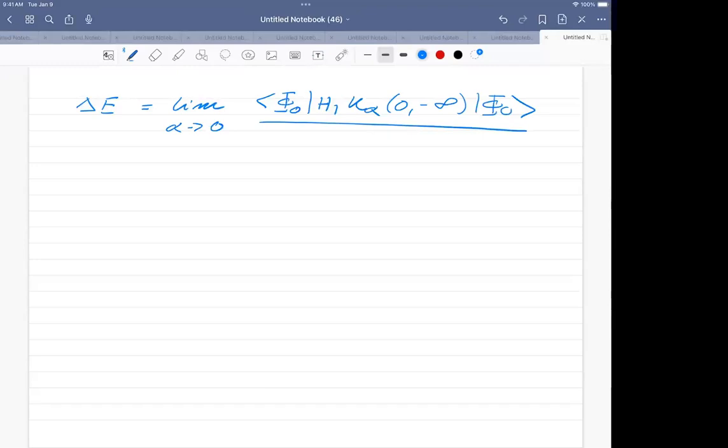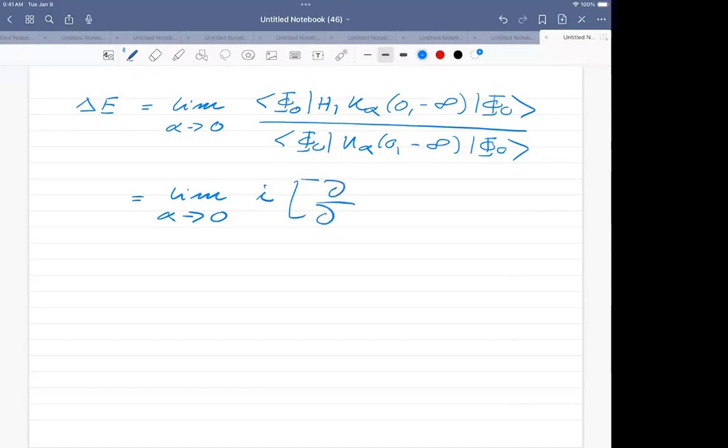And this is then given by this ratio. And this is a ratio which you can show contains only so-called linked diagrams, where all the vertices are connected by at least one fermion line. Then what we showed yesterday is that we can rewrite this as a limit of alpha goes to 0, in terms of a log, so d/dt of log, and then we had the expectation value of phi 0, U of alpha, 0, minus infinity, phi 0.